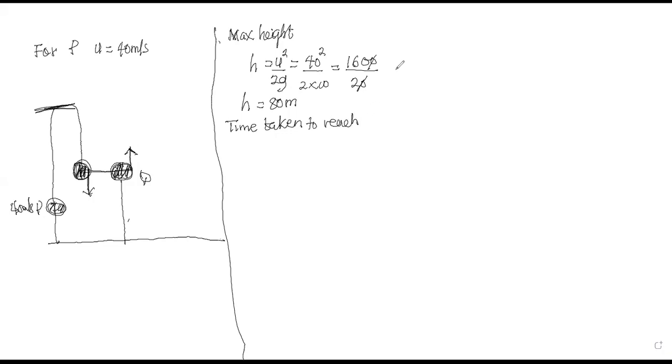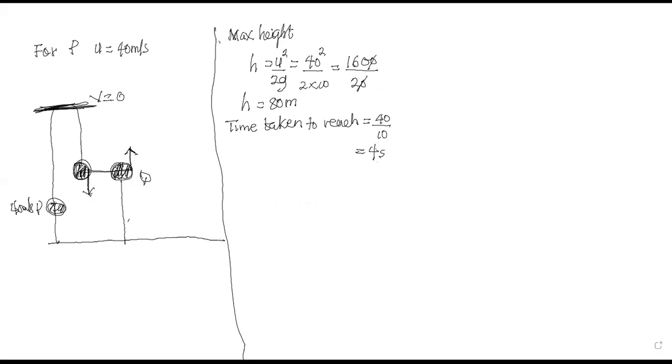Sir, it will be 4 seconds. Okay, so we have 40 divided by gravity, 10. And this is 4 seconds. Good. So now at the maximum height, final velocity is equal to 0.